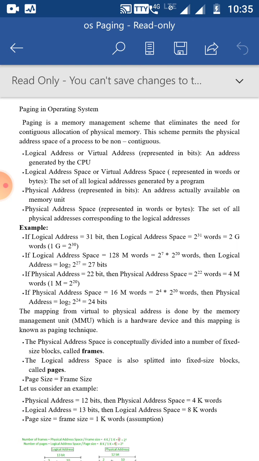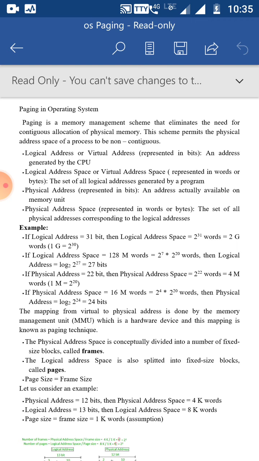For your understanding, the size of the page is 10 bytes. So if the page size is 10 bytes, the entire 65-byte program is divided into 7 pages, isn't it?